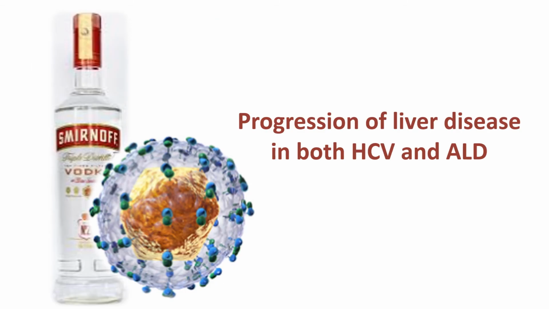So both of our conditions that we've talked about in terms of pathogenesis, we've taken them through steatosis to steatohepatitis. Both of these can progress in exactly the same way onto the other stages of fibrosis and cirrhosis.